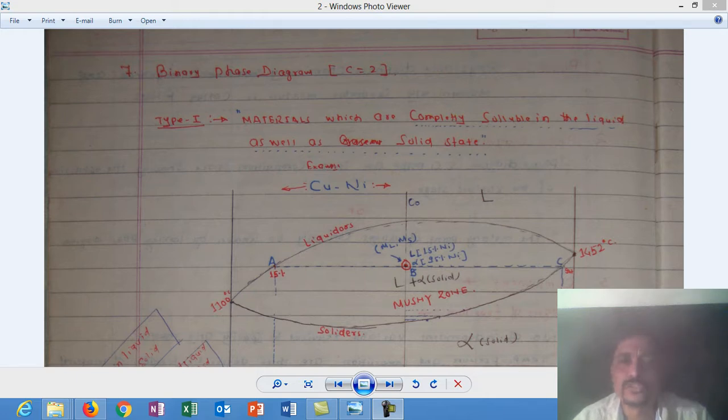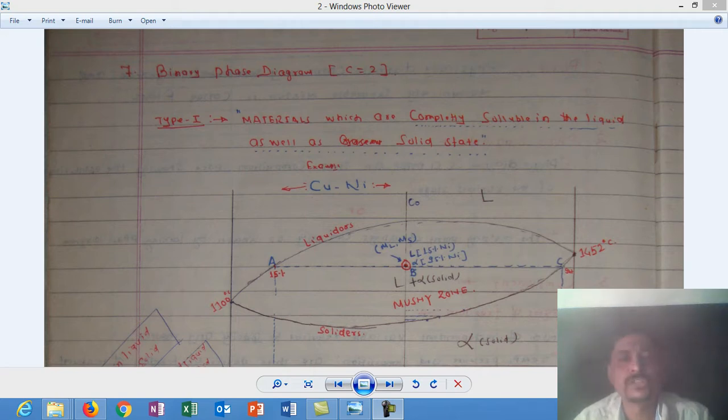Since the number of components is 2, both materials will be completely soluble in liquid and solid states. In both states these materials are soluble. So this is the first type of binary phase diagram.